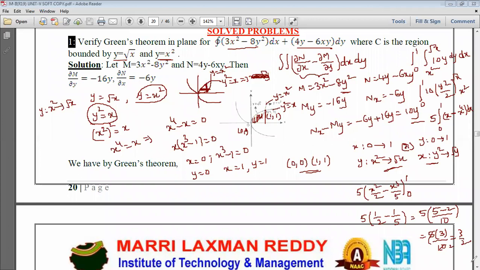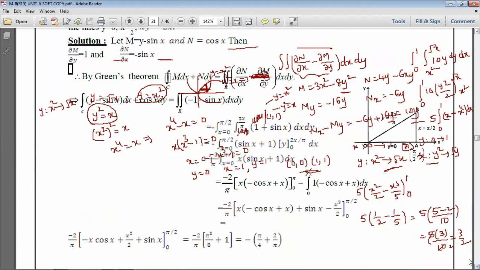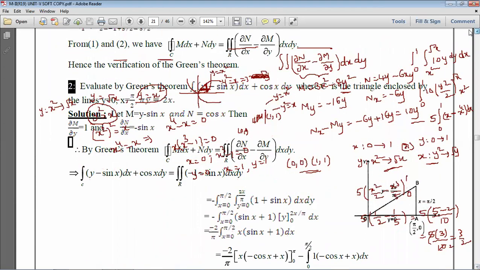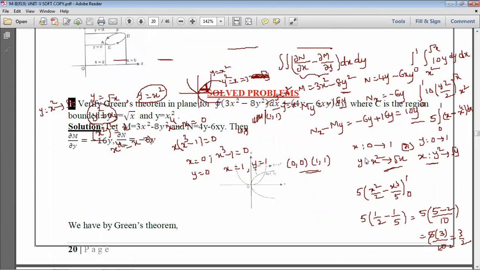And now we need to verify whether what we did is right or wrong. We need to verify by applying the line integral.